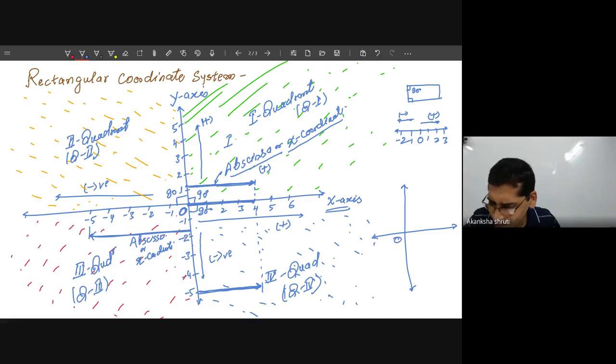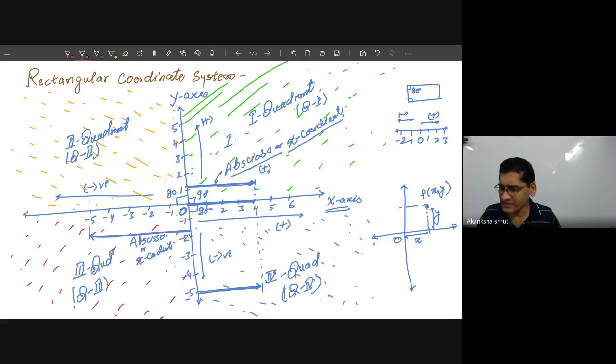This is the origin, this is the point P. Here I want to know how this point is located. First, by considering how much is the projection along the x, this is called x. And how much is the projection along the y, it is called y. So it is given by x and y.